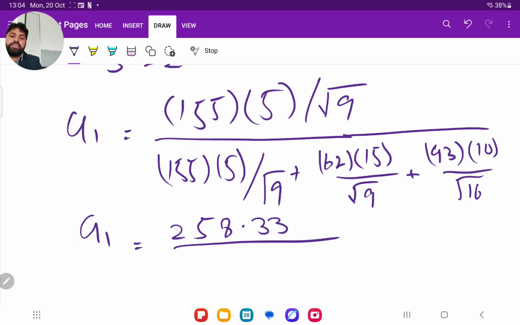Okay, and what is the answer for the denominator altogether? 878.33.